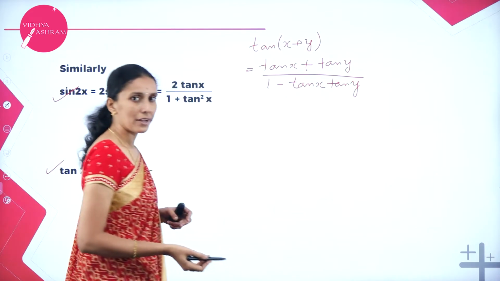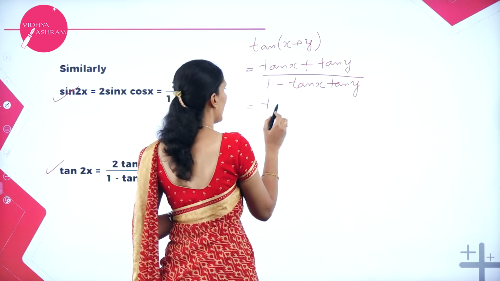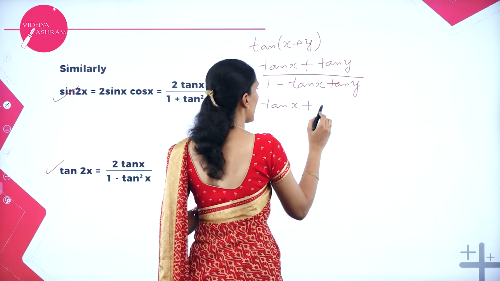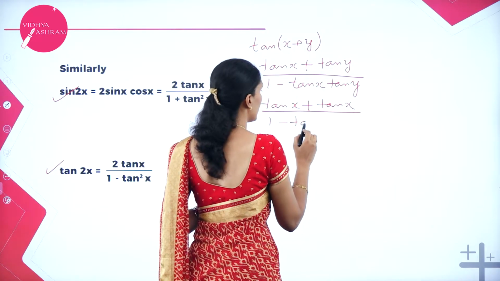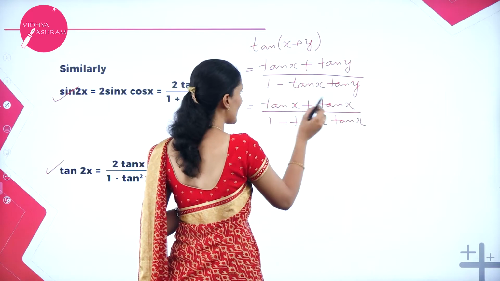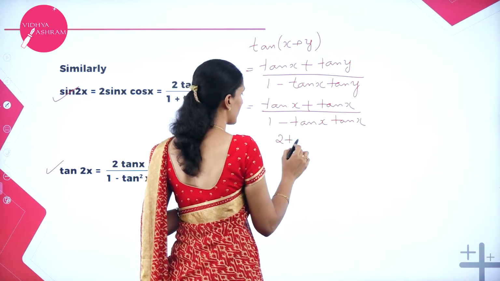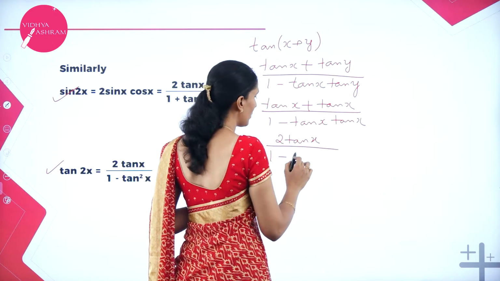The same application, replace y by x. So, tan x plus tan x whole divided by 1 minus tan x tan x. Now, what is tan x plus tan x? 2 tan x. What is tan x into tan x?